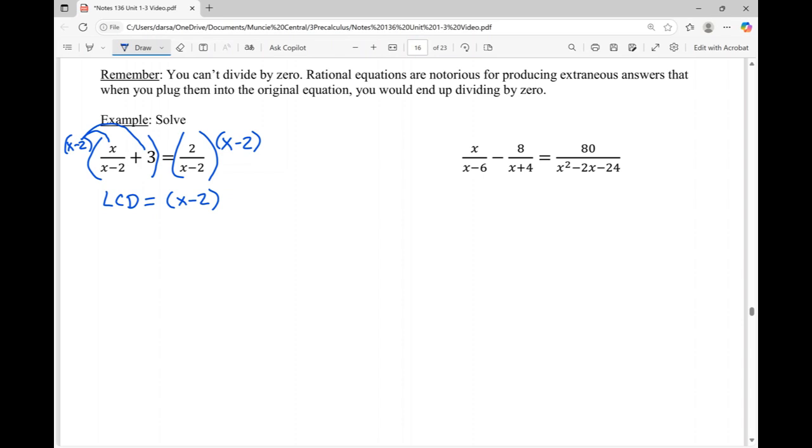And it's still going to end up in the numerator, quote unquote, where it's with the 3. So what is this going to look like when we put it all together? Well, it'll be x times x minus 2 over x minus 2 plus 3 times x minus 2 is equal to 2 times x minus 2 over x minus 2.